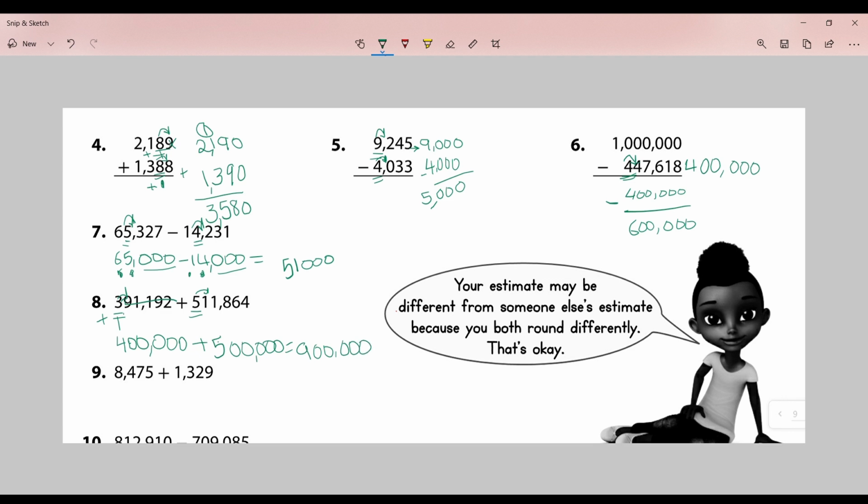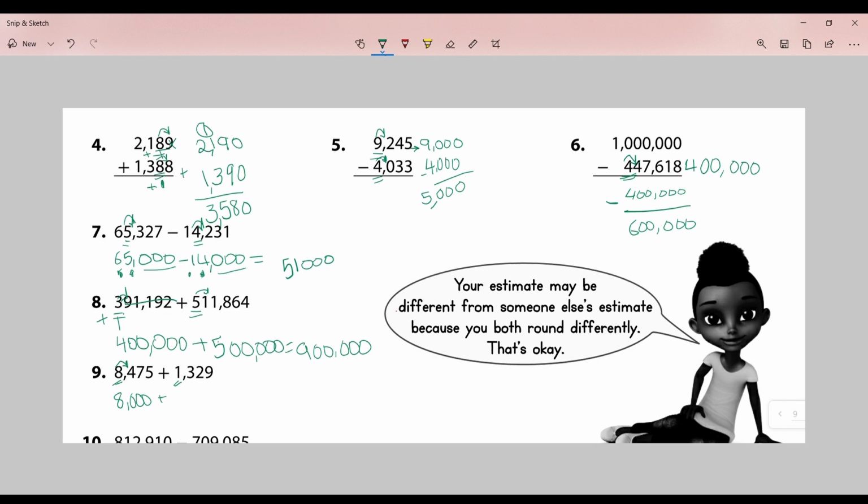Now number 9, let's round to the nearest thousand. Find your place, look next door. I have 4, so I'm not going to add anything to the 8. I have 8,475. If I round it to the nearest thousand, it's going to be 8,000. Now the other number is 1,329.